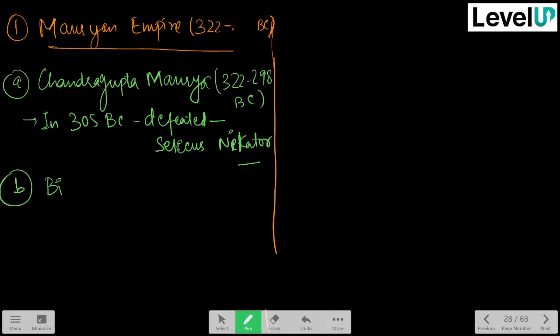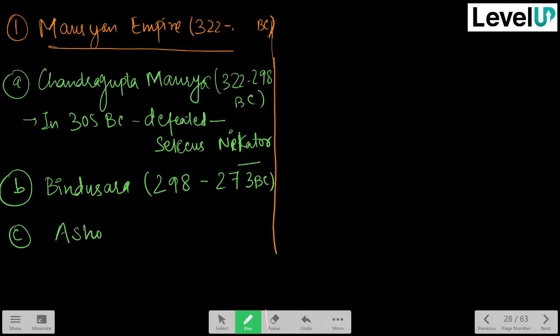The second important ruler after Chandragupta was Bindusara, an important ruler. He ruled from 298 BC to 273 BC, right? The third one is Ashoka the Great.